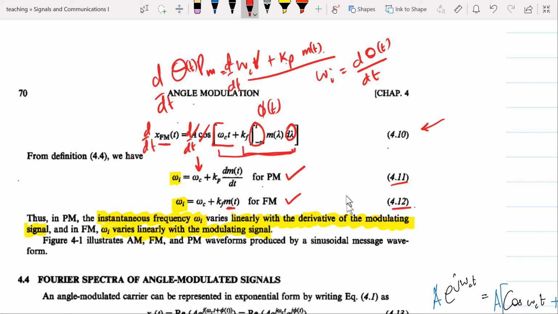And how we conclude those derivations is to state that in phase modulation, the instantaneous frequency omega i varies linearly with the derivative of the modulating signal. As you can see there, the modulating signal is the message signal. And in frequency modulation, we say that the instantaneous frequency omega i varies linearly with the modulating signal.